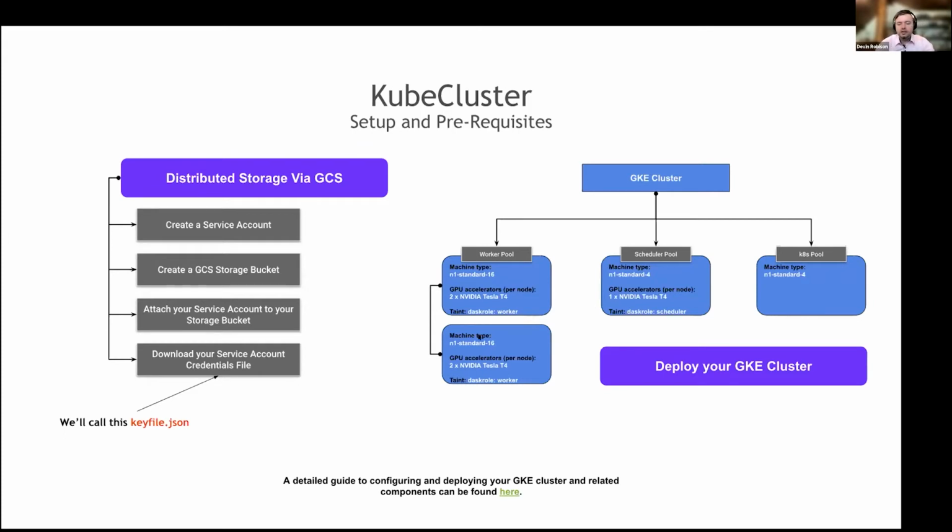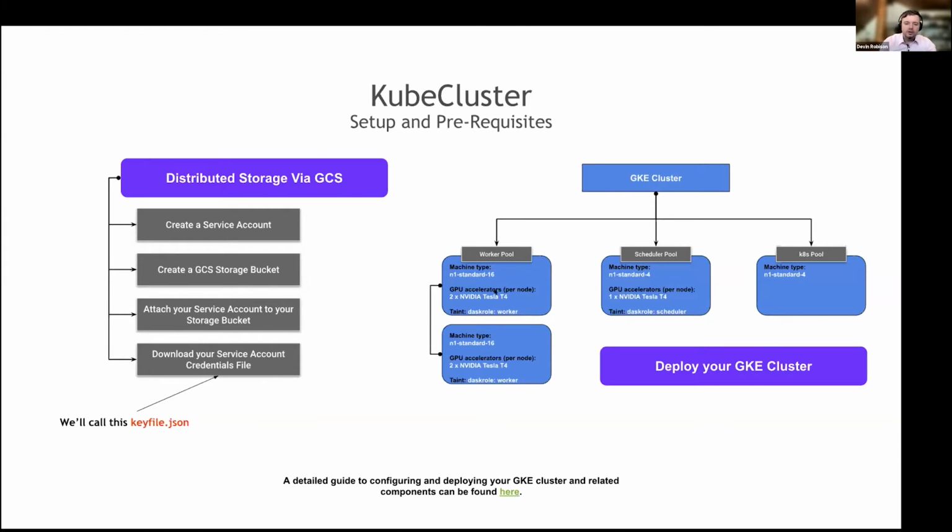For the purposes of this example, I'm going to basically assume that we're using a cluster that looks kind of like this. In general, I like to slice off a worker pool, a scheduler pool, and then a K8s pool that is used for the Kubernetes services. And then we force our workers and schedulers to only go to those specific pools based on Kubernetes taints.